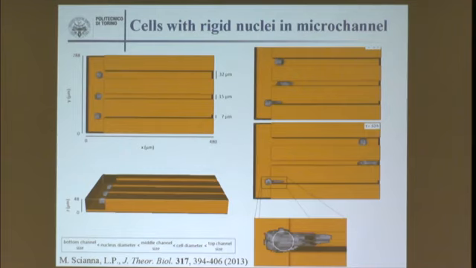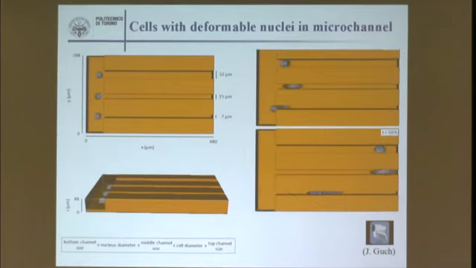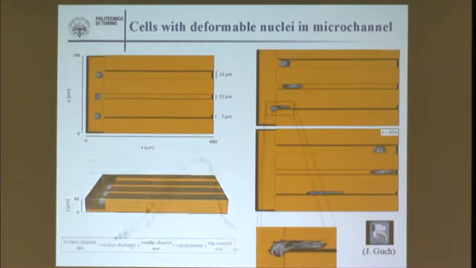Unfortunately, I cannot show you the movie, but there are some movies, with the microchannel device, in which you have this same feature. But if you allow some elasticity of the nucleus, the nucleus, highlighted here, squeezes, and of course with some difficulty with respect to that one, the cell can squeeze also through the narrowest microchannel.